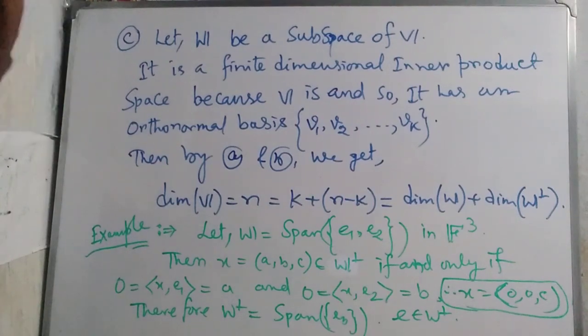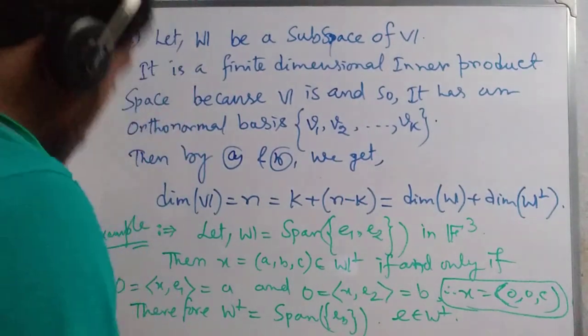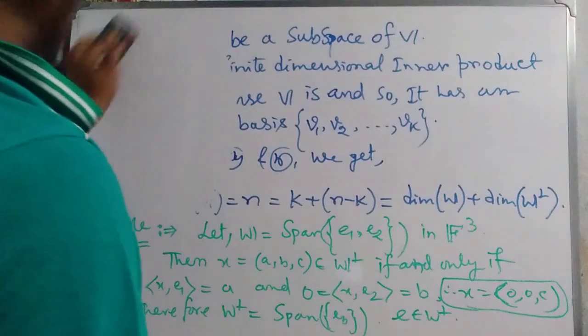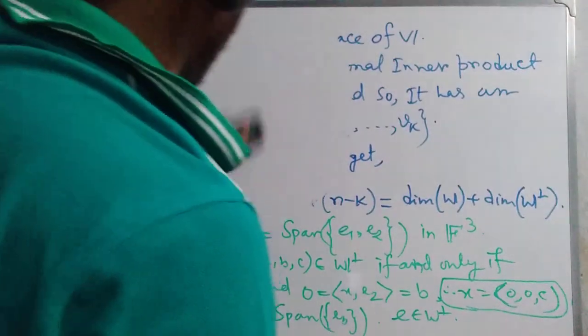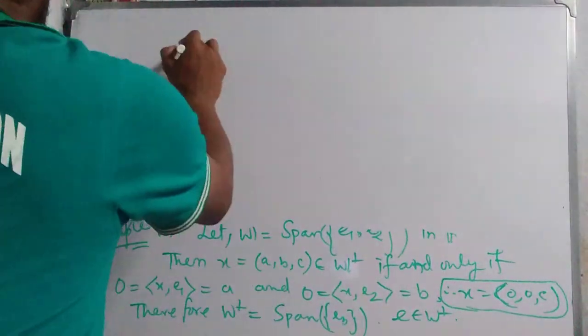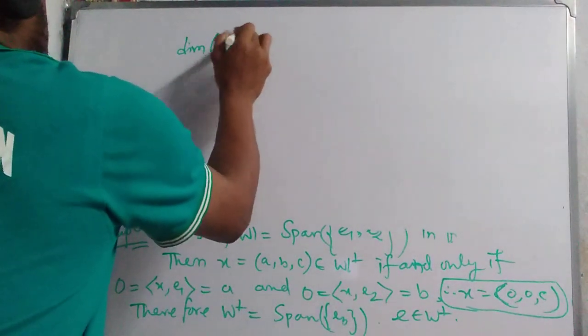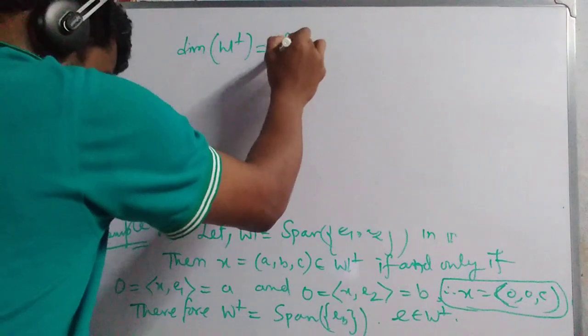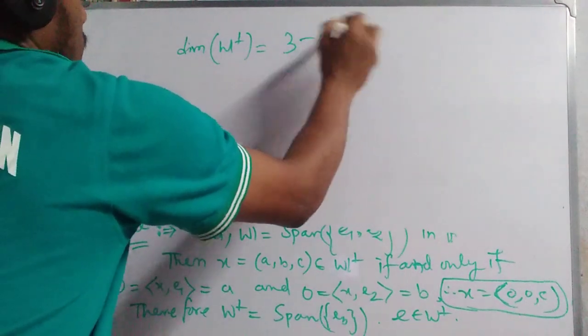So dimension of W perp is 3 minus 2, which equals 1.